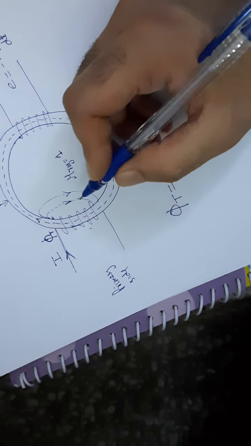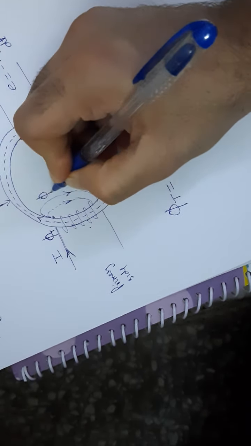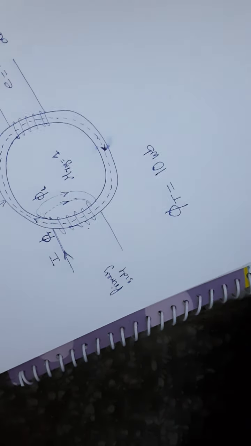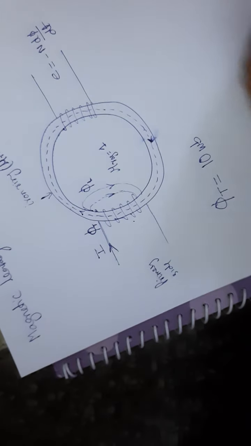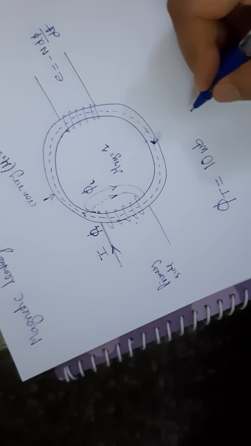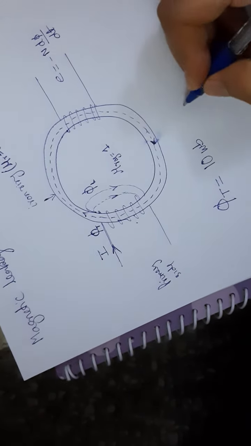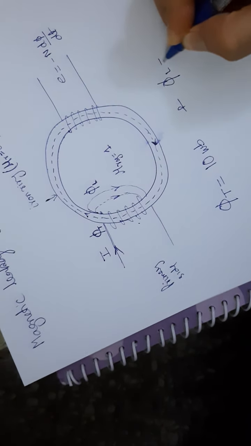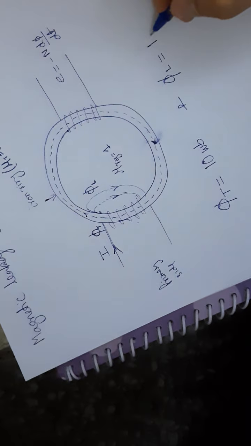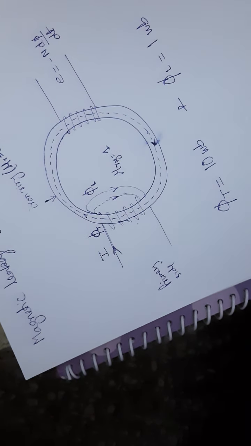Because of the leakage, this flux that flows through the air gap is called leakage flux, denoted by phi L. Suppose total flux is 10 Weber and leakage flux phi L is very small, say 1 Weber.